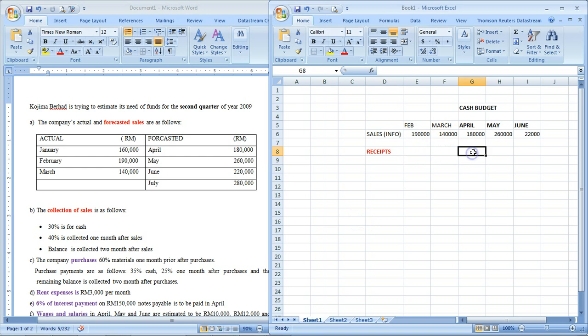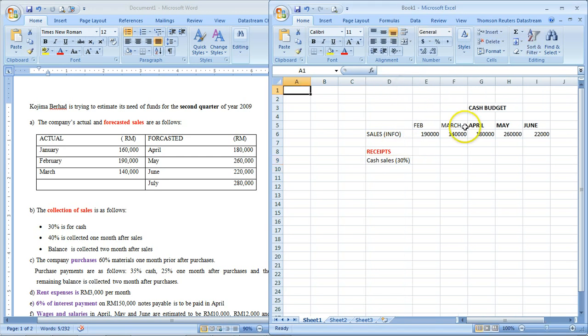So you do April first. April's cash sales is 30% from your sales.